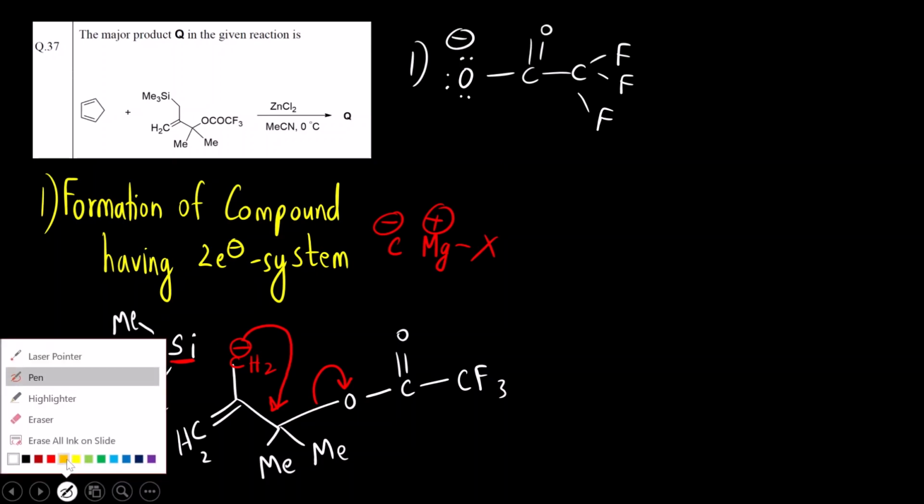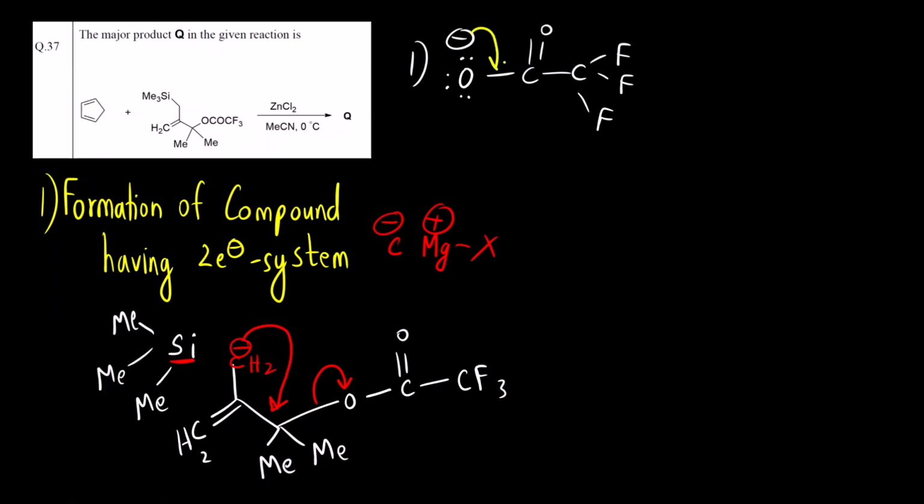One, it is stabilized by resonance with the carbonyl group. So the first reason for the stability of this group is resonance. The second reason is that there are 3 electron withdrawing fluorine groups which will stabilize the negative charge on oxygen by the inductive effect, the minus I inductive effect.